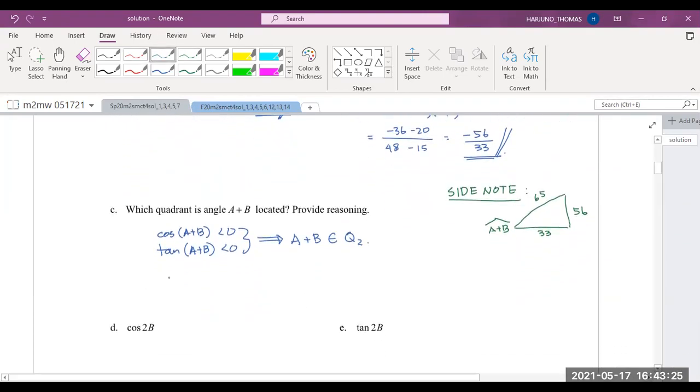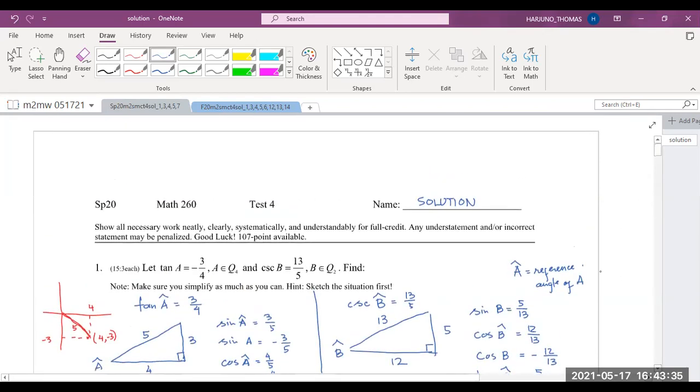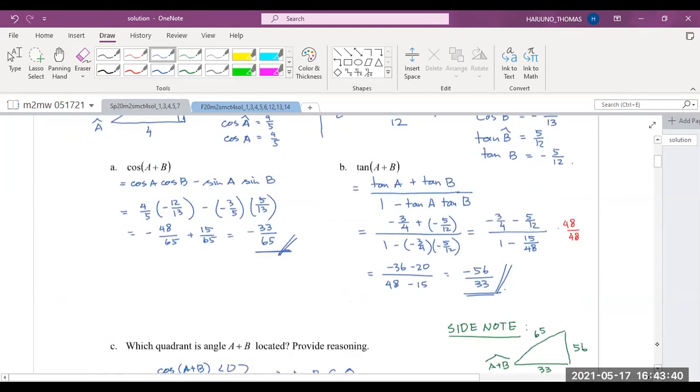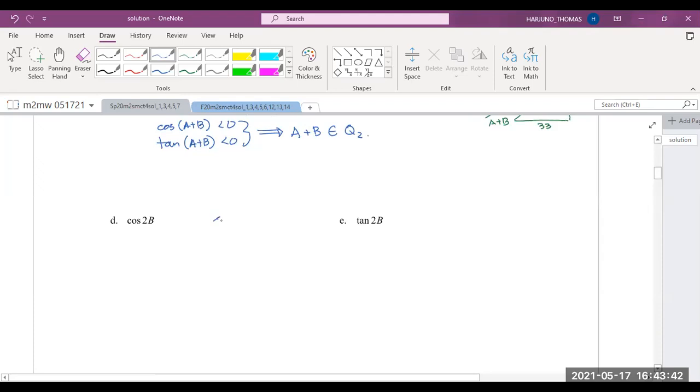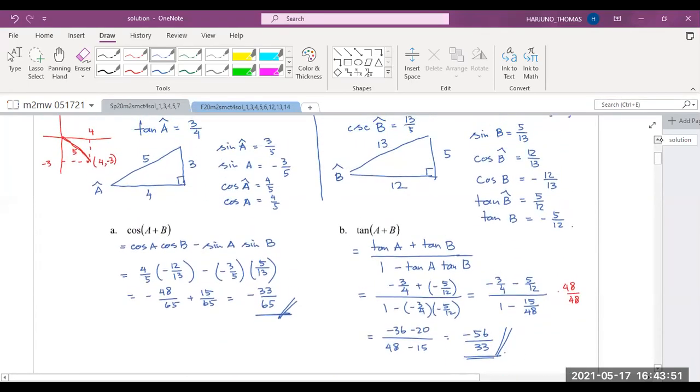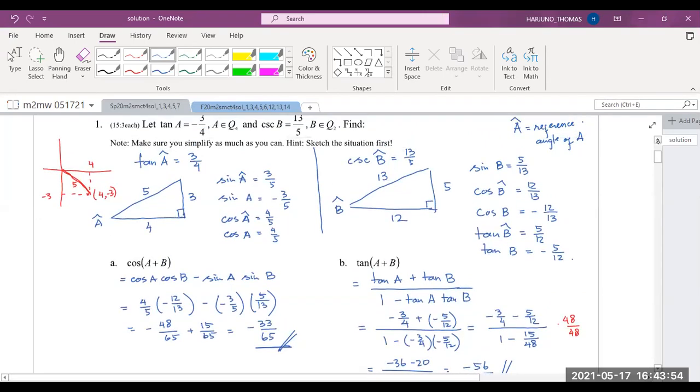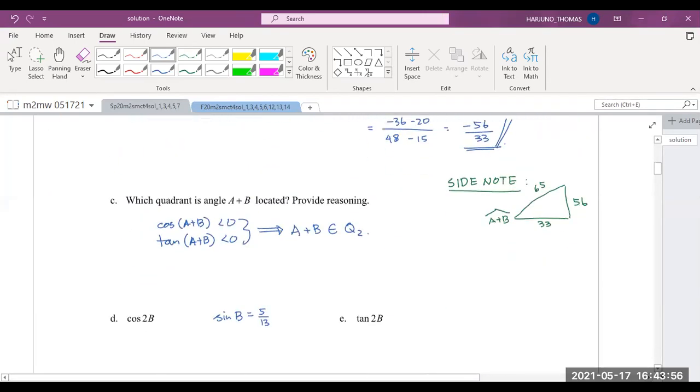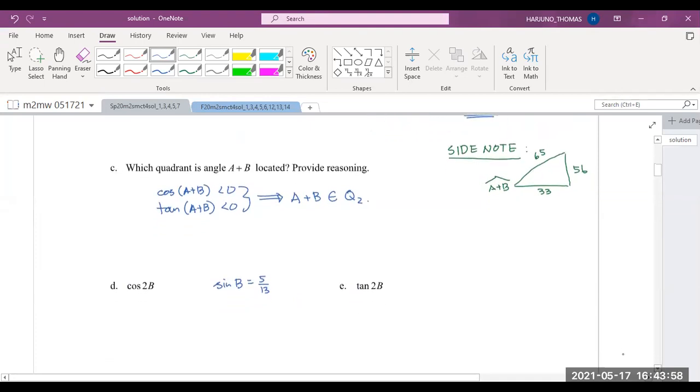Okay, let's go on with part D. What is cosine 2B? There are three formulas. Which formula do I want to use? Let me use the sine version, because sine B is 5 over 13. Is it right? Let me confirm again. Yeah, sine B is 5 over 13. You can use any one of those three variations though.